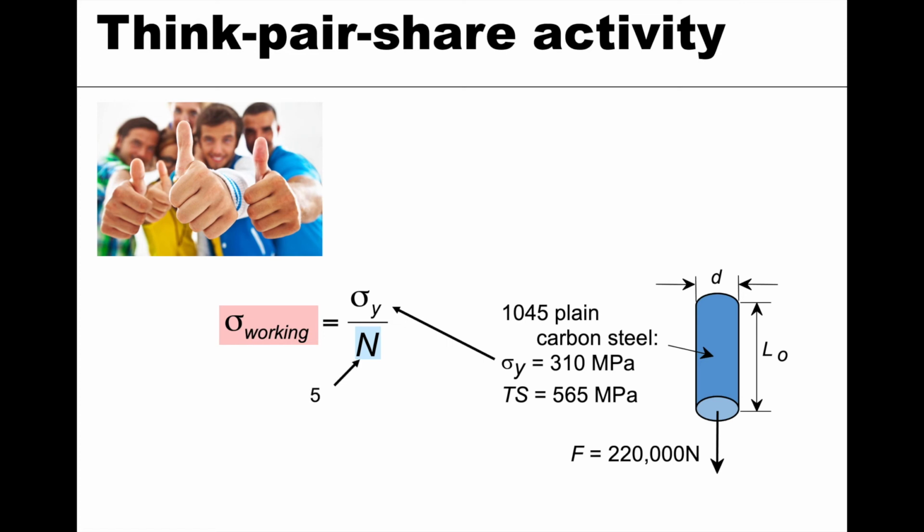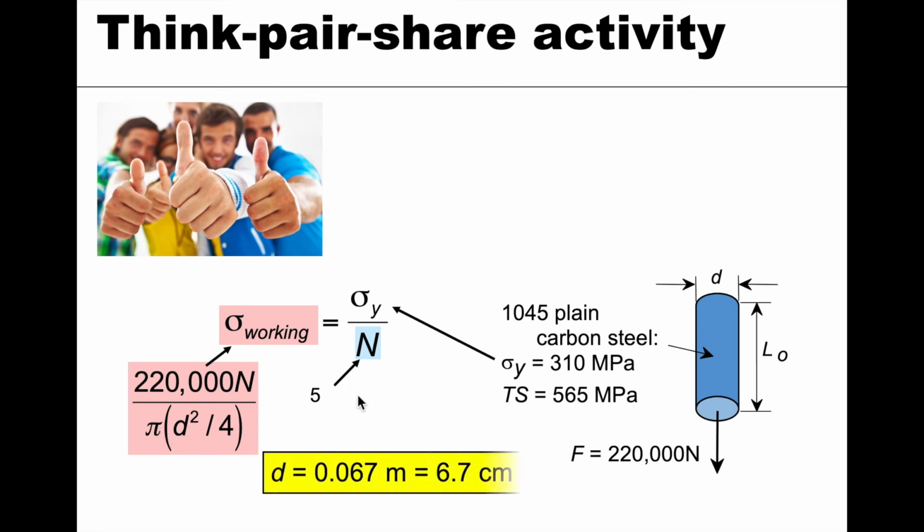We know the safety factor is 5, and for the working stress, we know the force, but we're trying to figure out the diameter. From there, we can plug in the force and plug in the area equation with D as our unknown. With D as our unknown, we can rearrange and solve for D, and that gives us a value.